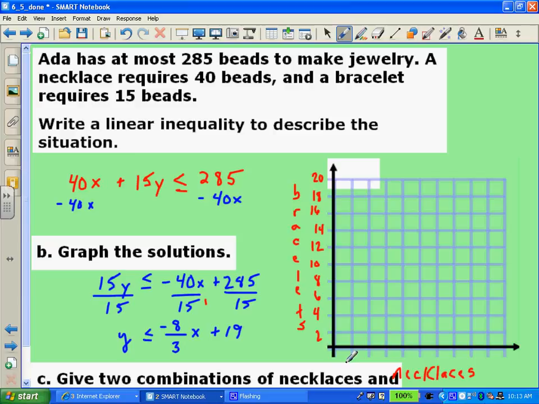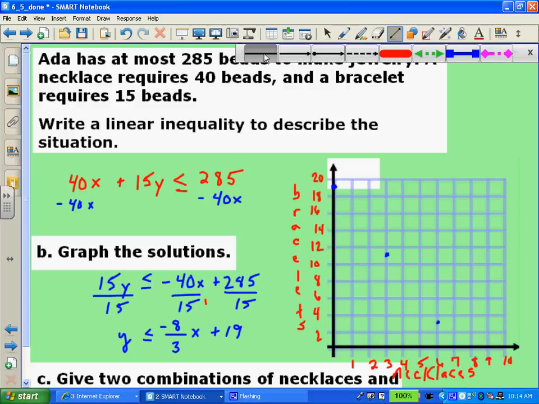And then the bottom here, I think we can probably count by 1's. So if we start at 19, that's going to be right here. We got to come down 8 and over 3. Then down 8, over 3.